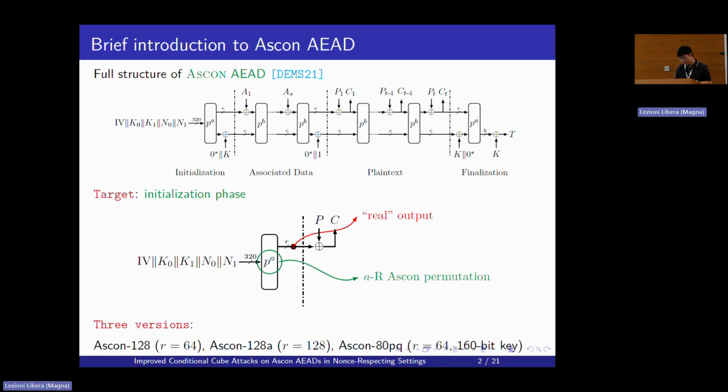In this paper, we will consider the round-reduced ASCON permutation. ASCON AEAD has 3 variants called ASCON-128, ASCON-128a, and ASCON-80pq. Our attack can be applied to all 3 variants, but in this talk, I will only give ASCON-128 as an example.